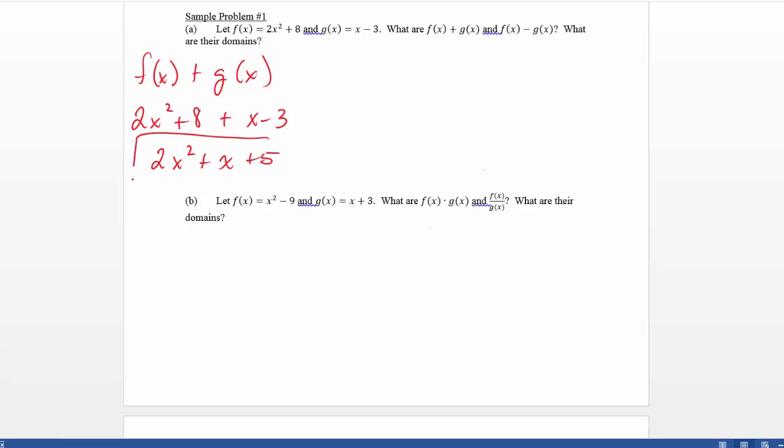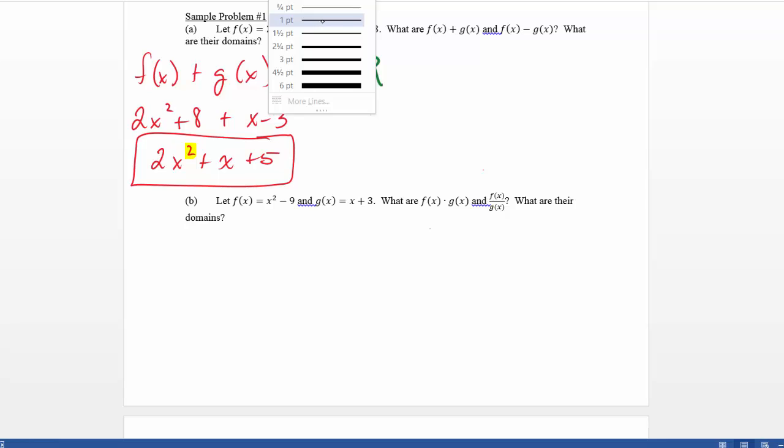This is our new function. Now, we were asked to find the domain of that function. If you remember quadratics from earlier in the year, the domain of a quadratic is all real numbers. That's how we would do a simple addition for function operations and then come up with the domain.